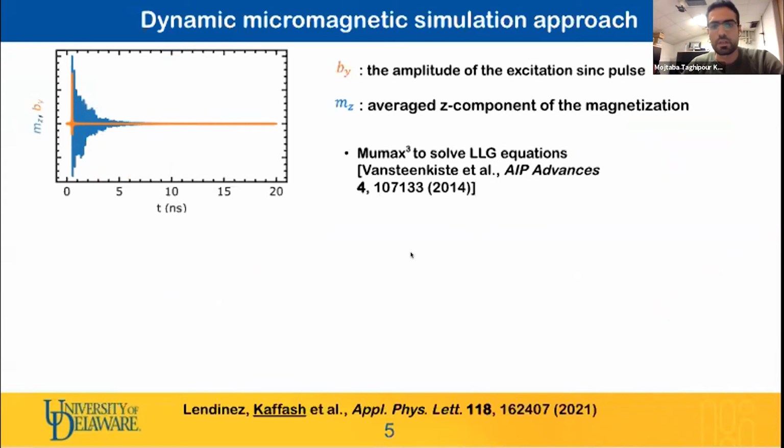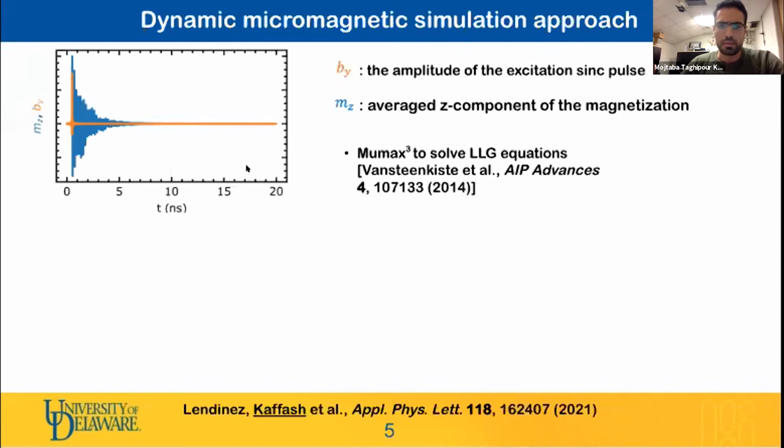Along with the experimental techniques, we use micromagnetic simulation to verify the experimental results. And here's the approach. We apply a sinc pulse with the amplitude By, as shown with the orange curve. And then we record the resulting onset of the magnetization dynamics Mz, which is shown in blue, which is the average z component of the magnetization.